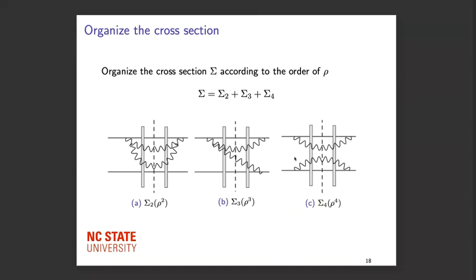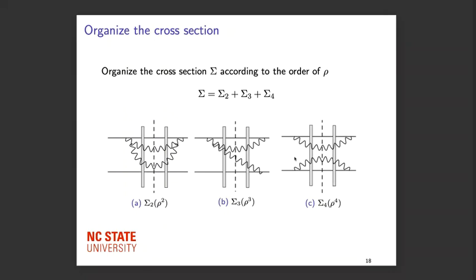Now we will not do any detailed calculation, but there's still some physics we can extract from the simple diagrams. The first one is we can organize the cross section in coordinate space. Sigma is a coordinate space matrix element, organized according to the power of this rho.